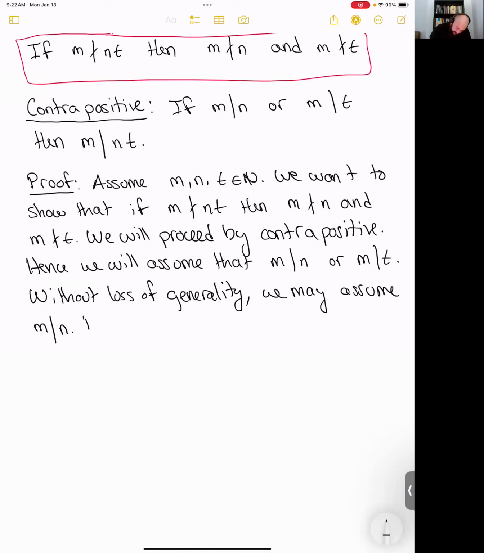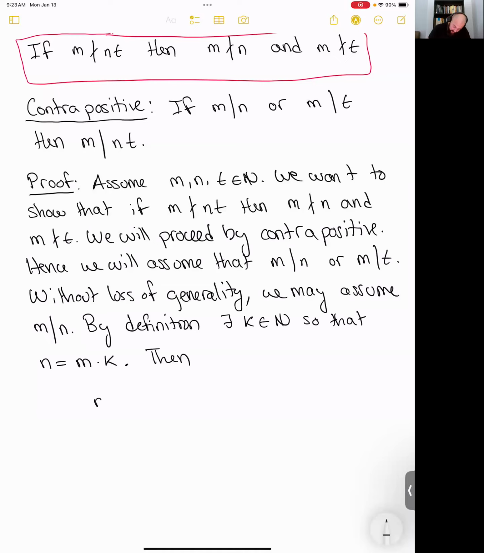So by definition, there must exist a k, a natural number, so that n is equal to m times k. Okay, good. So now we want to look at the product, right? So we want to show that m divides the product. Then, let's see.